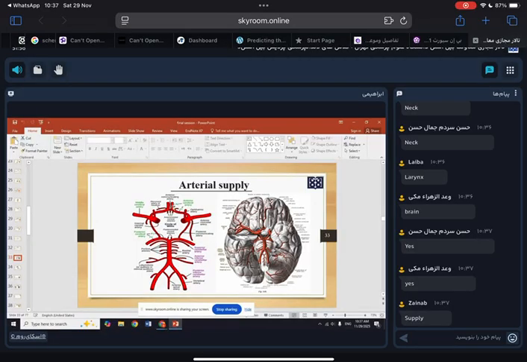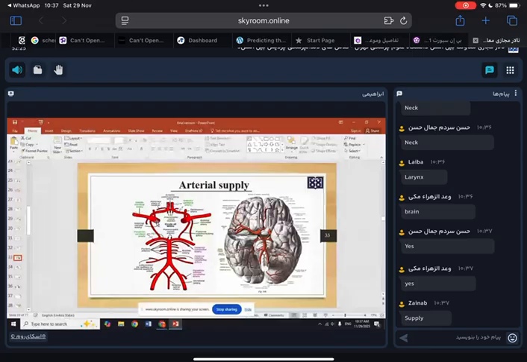It divides into two main branches: the anterior cerebral artery, this part, and the middle cerebral artery, this part. Okay, middle cerebral artery and anterior cerebral artery. These two branches on one side, and on the other side, this part and this part. These are the branches of the internal carotid artery.